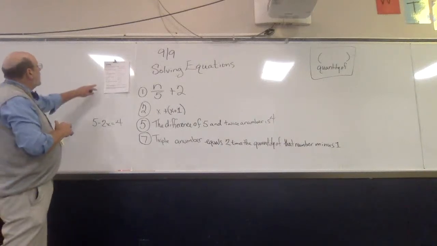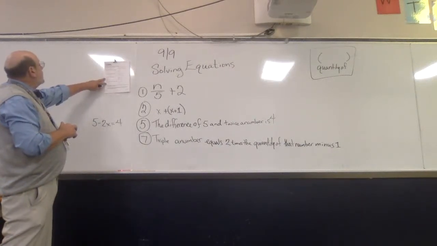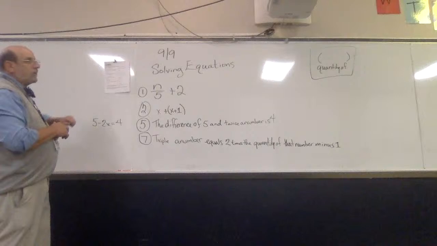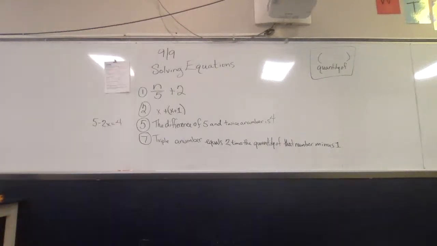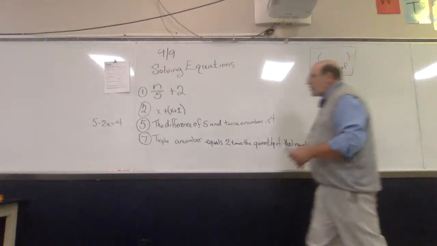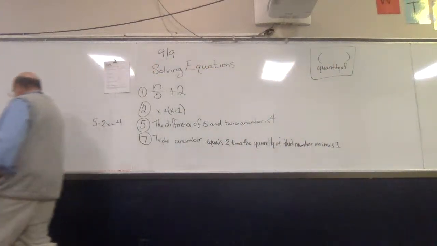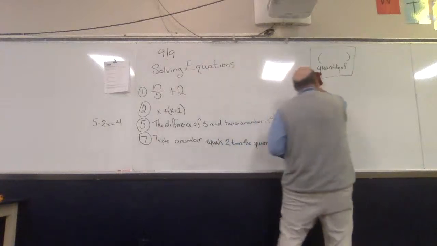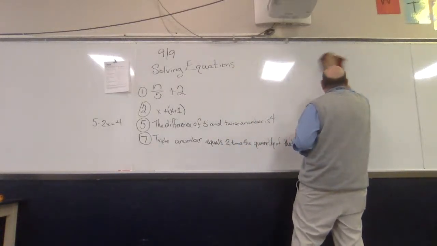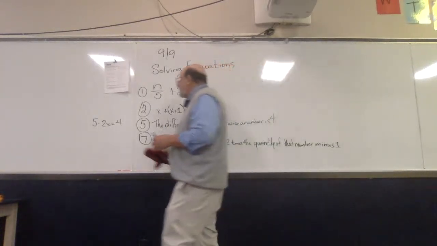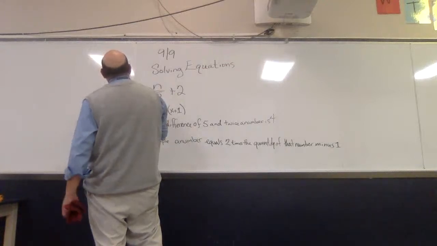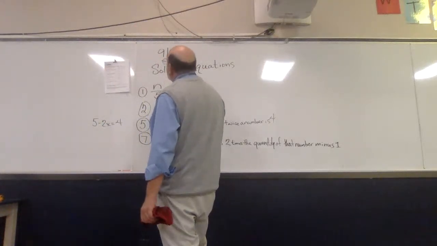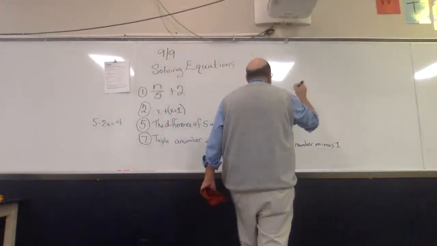So let's go ahead and start looking at 13 through 16. Start solving. Do you remember how to do this? Everybody remembers how to solve equations? Kind of, sort of? 14 equals 8 minus 6r.